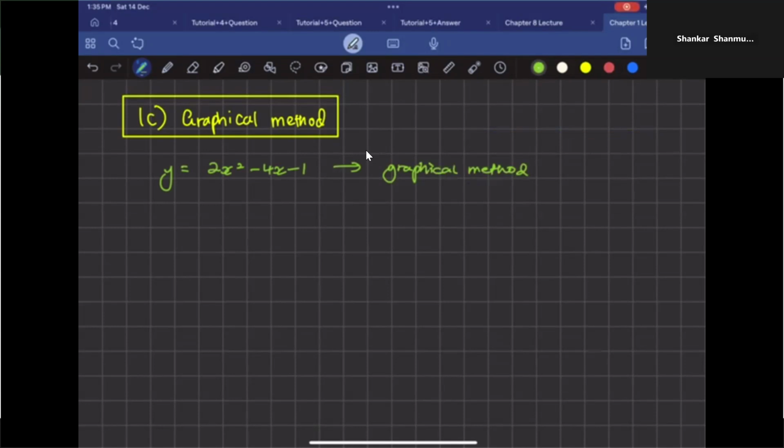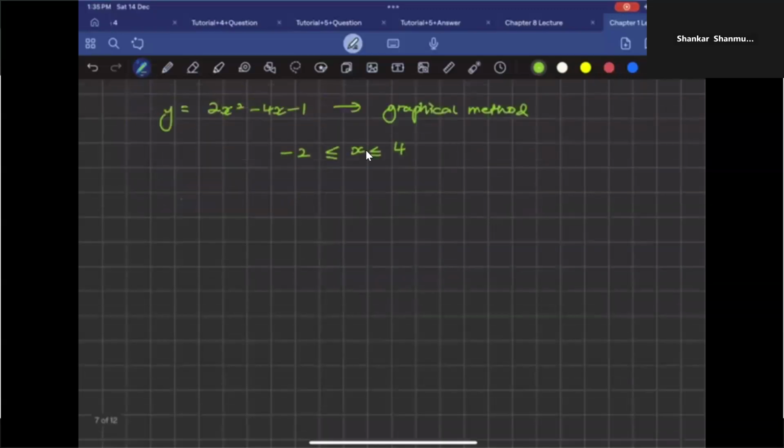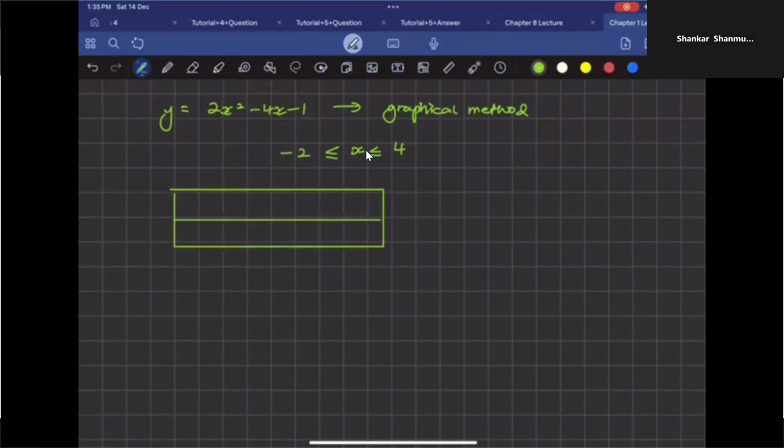So for example, let's say in this context, you're given that x ranges between 4 to minus 2. Okay? So your first step is to draw the table. X, Y, and then you find the value for each of it.